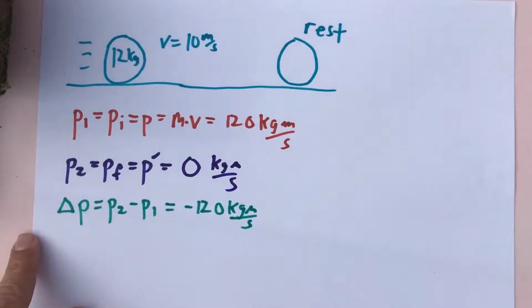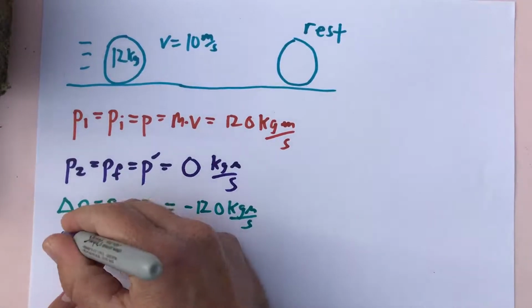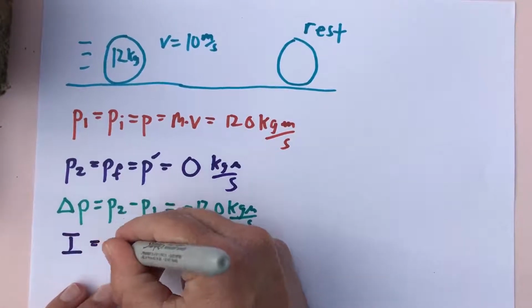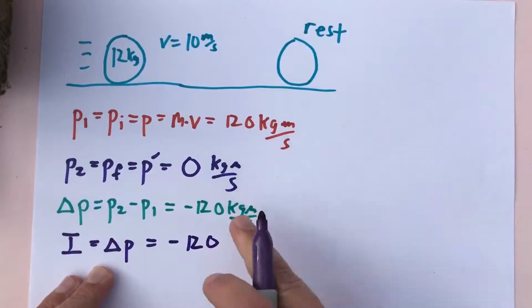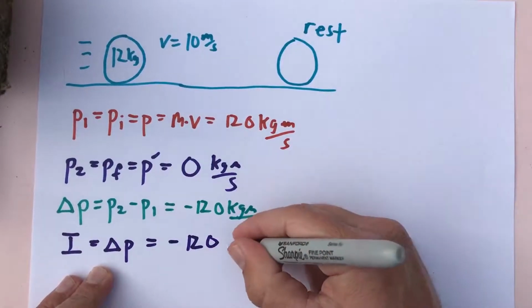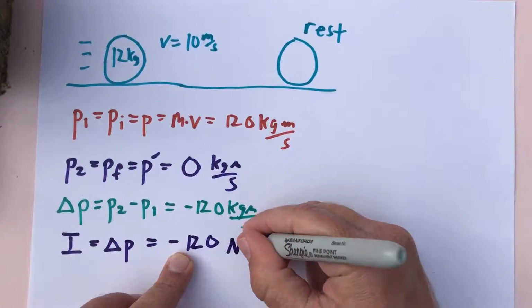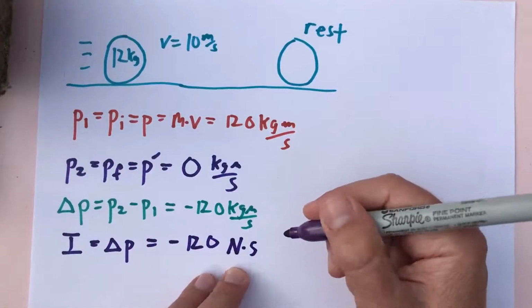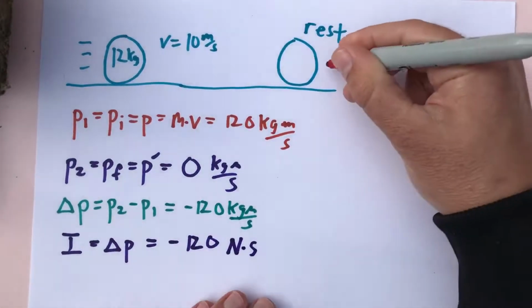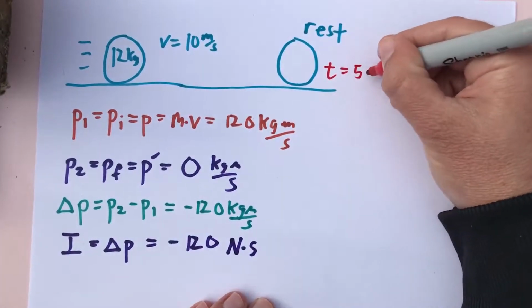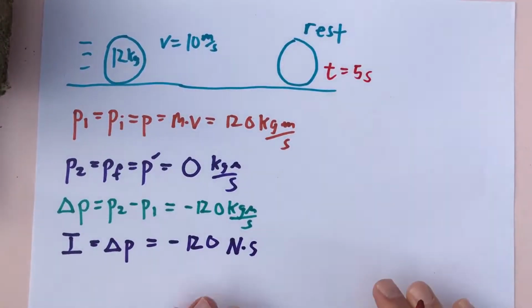So as soon as we know the change in momentum, then we can figure out the impulse, because the impulse is equal to the change in momentum. So right away, without even doing any math, we know the impulse is also negative 120. The units we tend to use are Newton seconds. And then last thing here, let's say we stop this over a time of 5 seconds here.